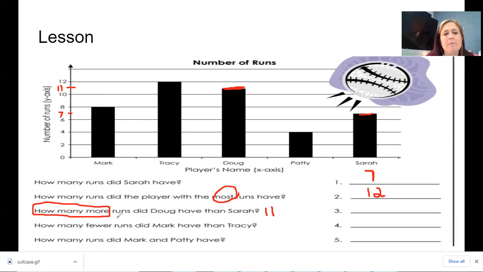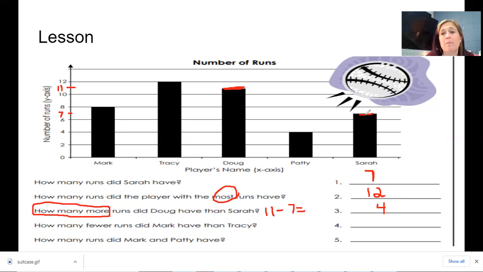And we want to know how many more runs Doug has than Sarah. So we know we're subtracting because we want to know how many more. Sarah, we said, has 7. Okay, so we need to decide what is 11 minus 7, which is 4. So Doug has 4 more runs than Sarah.